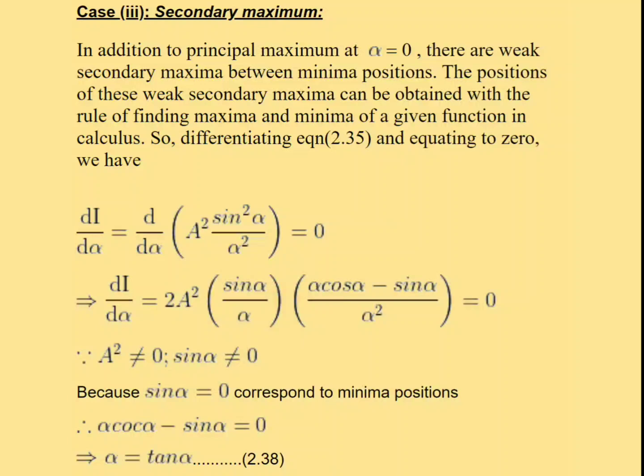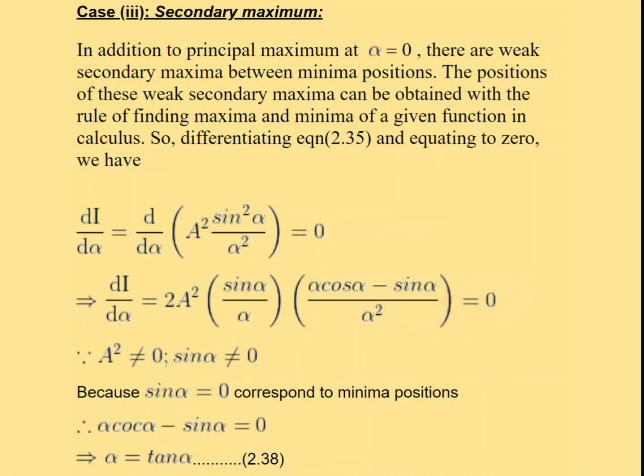If the multiplication of any numbers is equal to 0, that means one of the numbers is equal to 0. So here, 2 is a constant, A² is not equal to 0, and the sin α value is not equal to 0. So automatically this term is equal to 0. Now (α cos α − sin α) by α² is equal to 0.